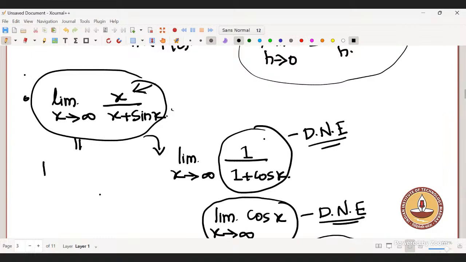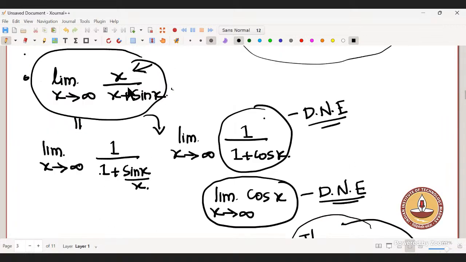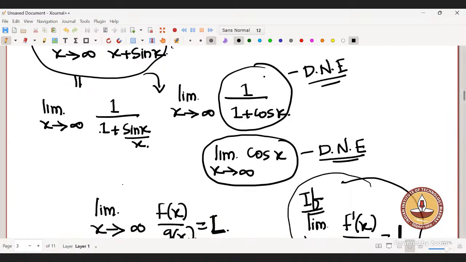If you divide both denominator and numerator by x, you will get 1 over 1 plus sin x by x.